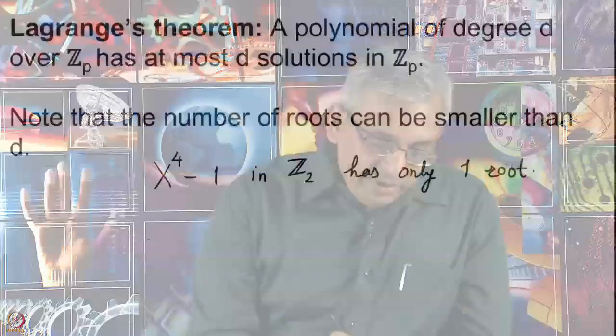If you are looking at a polynomial of degree d, with the degree being bigger than p, then it should not be surprising that the number of roots is smaller than p. So, I should give you an example where the prime p is bigger than the degree and yet we have a smaller number of roots.